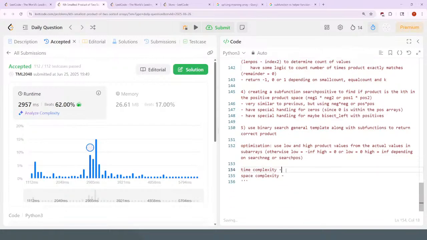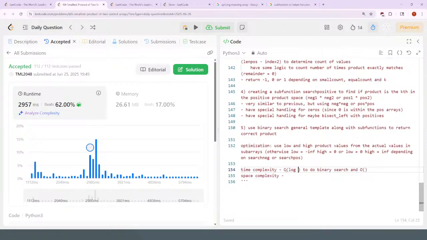All right, time complexity. No, it's going to be... in general it's O of log n to do binary search.